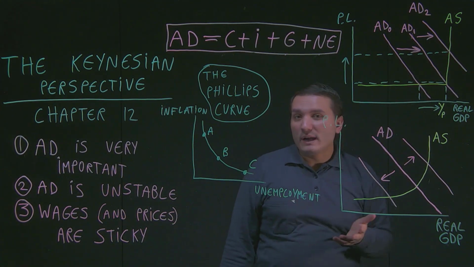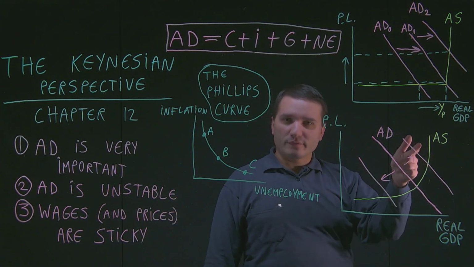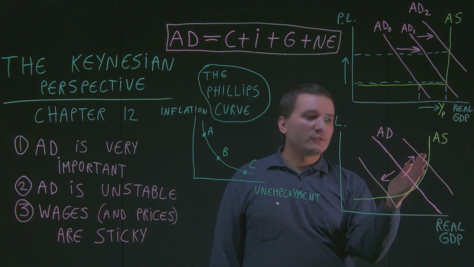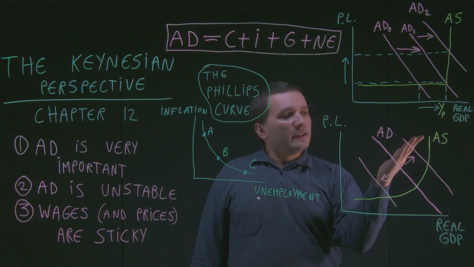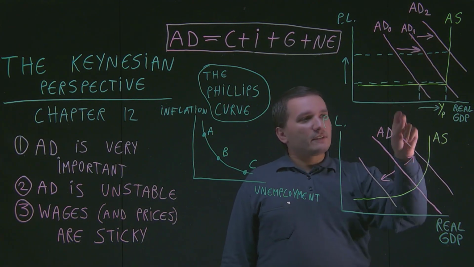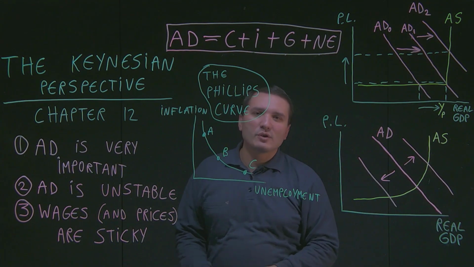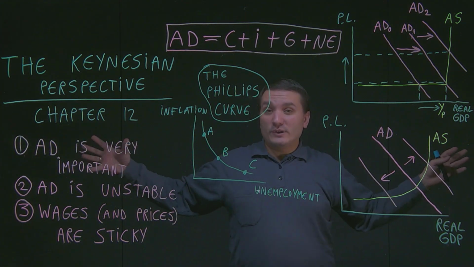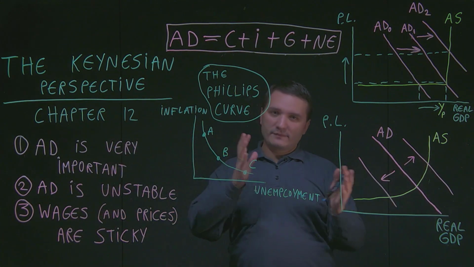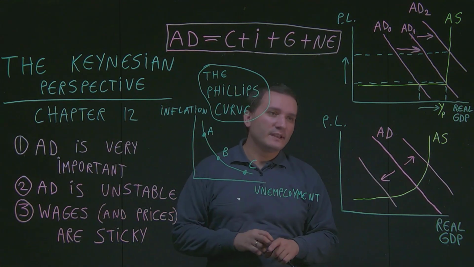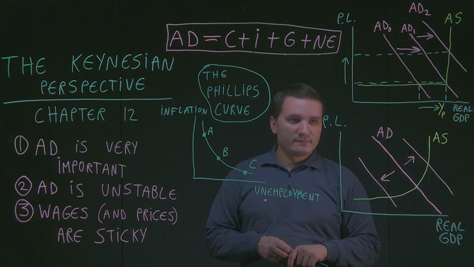In a combined synthesis model in between, it's going to be some version of this curve in between. And the closer the curve gets to a pure diagonal, the more neoclassical the model is. The closer the curve gets to this angular shape, the more Keynesian the model is. So between the two extremes, we actually have a range of possibilities. And it's all about the shape of the aggregate supply curve.